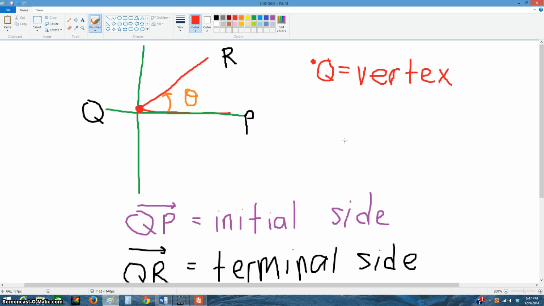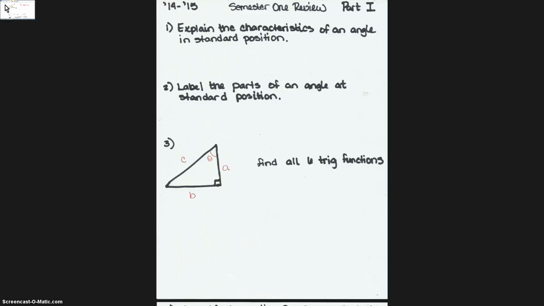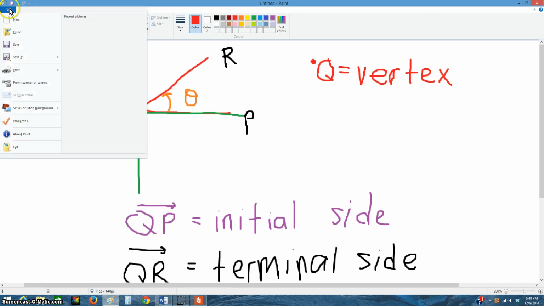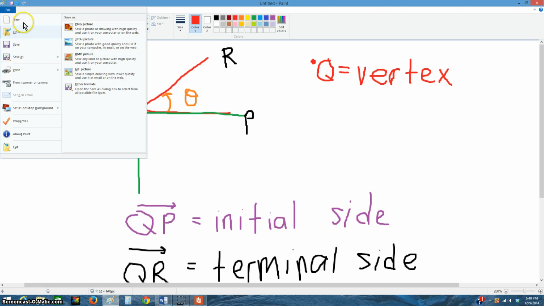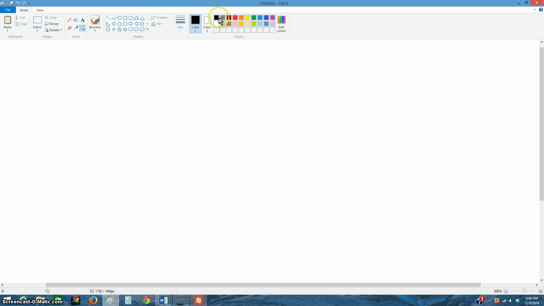Okay, so let's go on to number 3. If we look at number 3, it says find all 6 trig functions. Okay, so let's see. Okay, so that goes back to some reviewing. Let's get a new one. Gonna go ahead and zoom in.